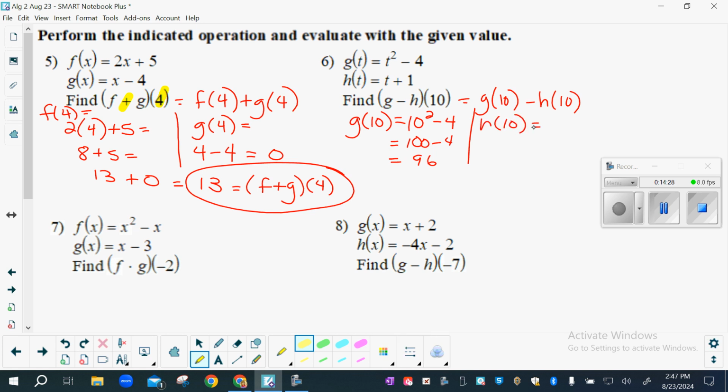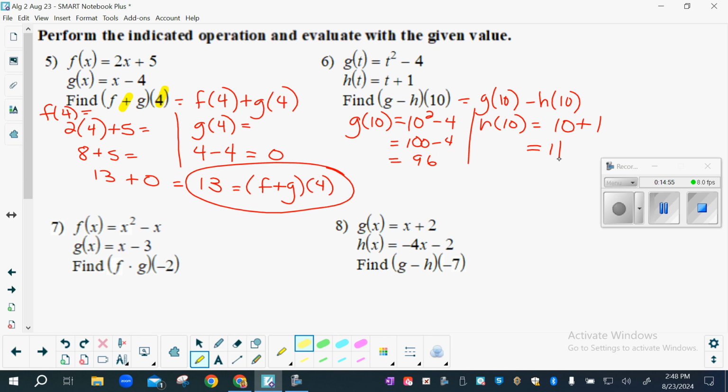So how would we find our h of 10? 10 plus 1. That's right. So we're plugging it into this equation here. So that's just going to be 10 plus 1, or 11.